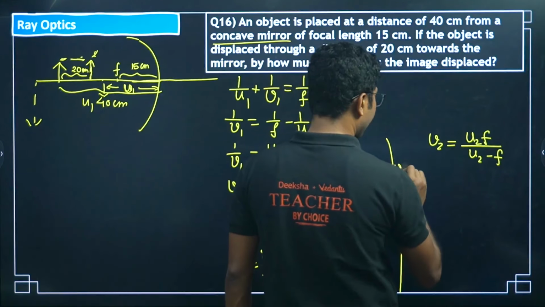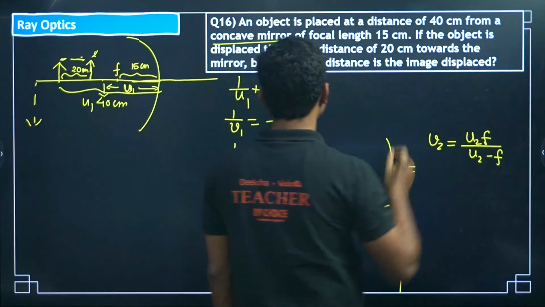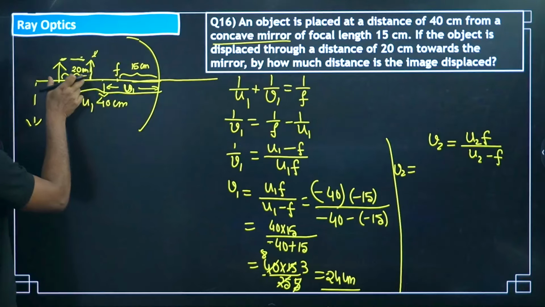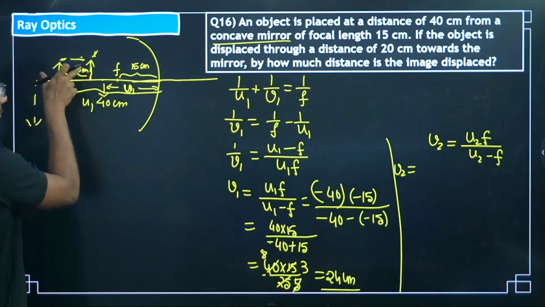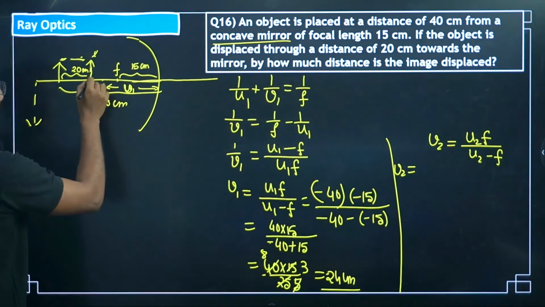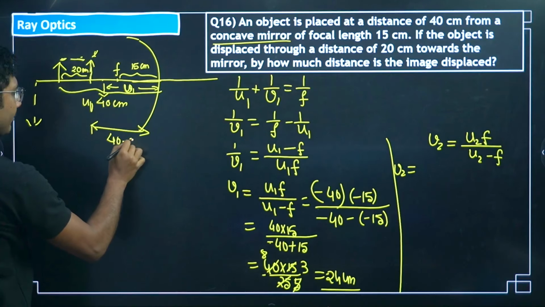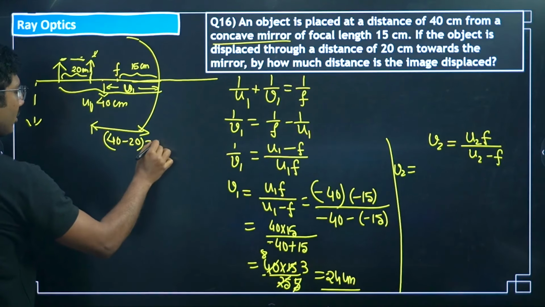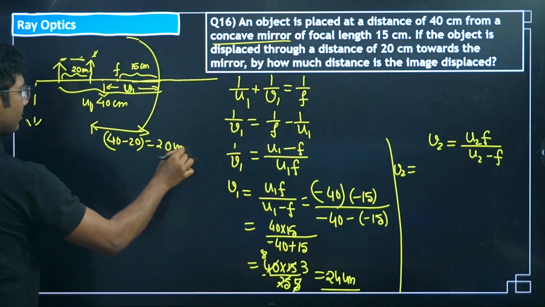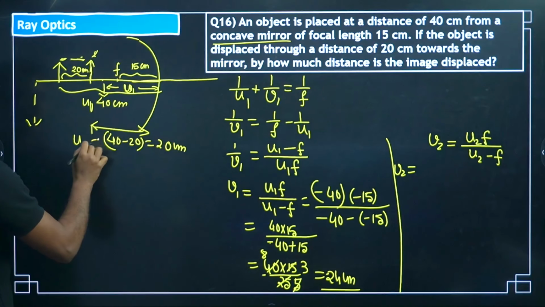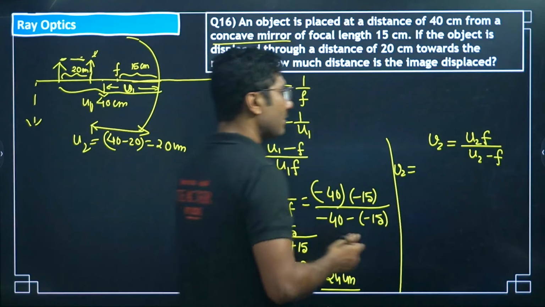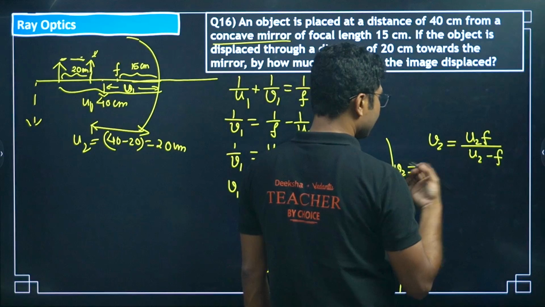Now, what will be V2? V2 again we will put the same values. U2: now we have shifted the object by 20 centimeter. So, if the object is shifted by 20 centimeter, then what is the new distance? The new distance will be 40 minus 20, that is equal to 20 centimeter. This will be the new U2, and obviously a negative sign will be there because object distance is always negative.